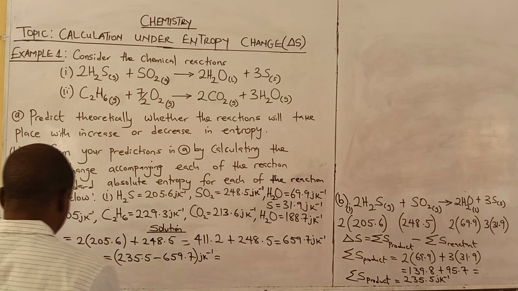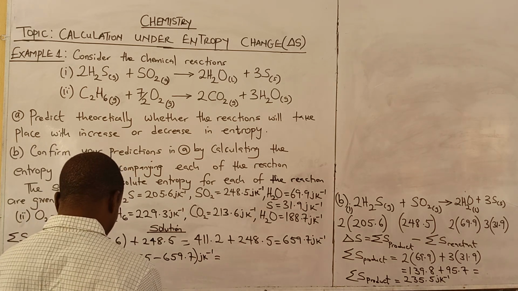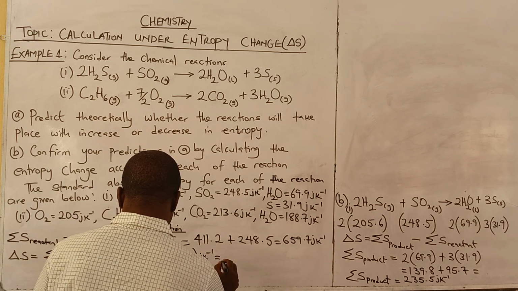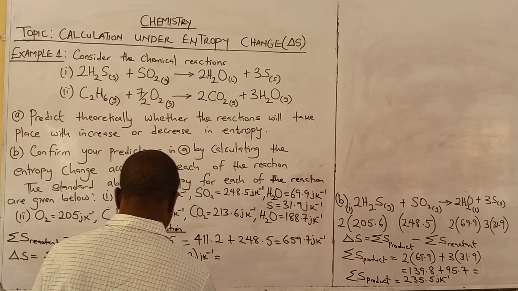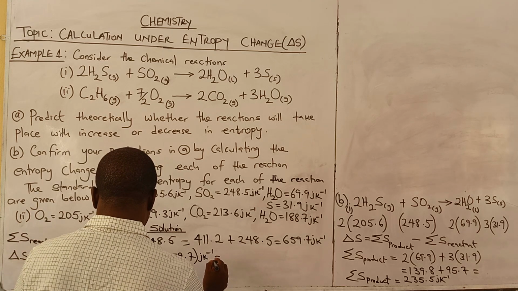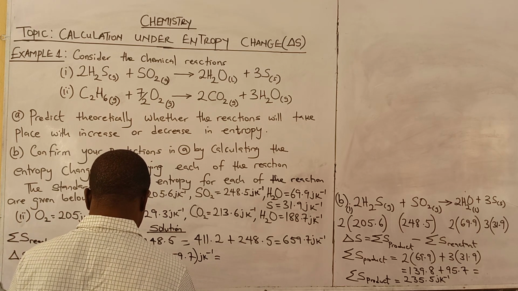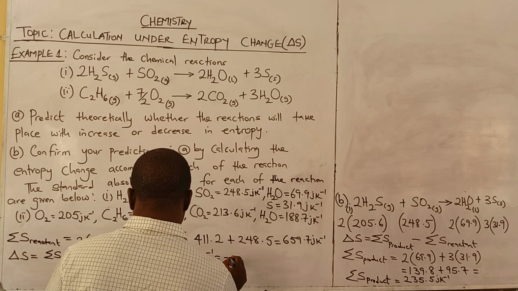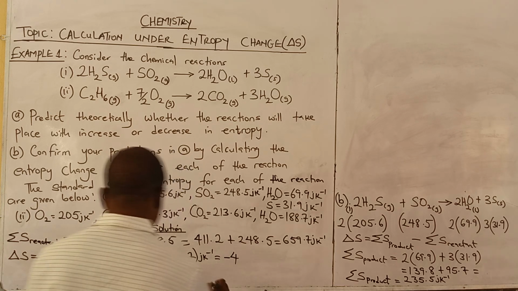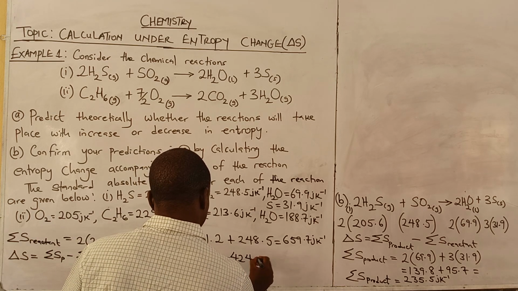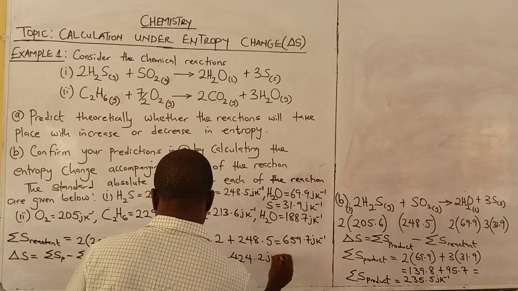Now when you do your subtraction, the entropy change is minus 424.2 joules per Kelvin.